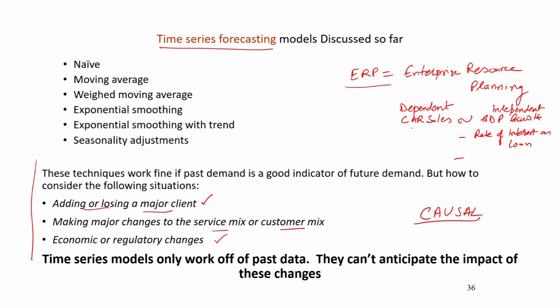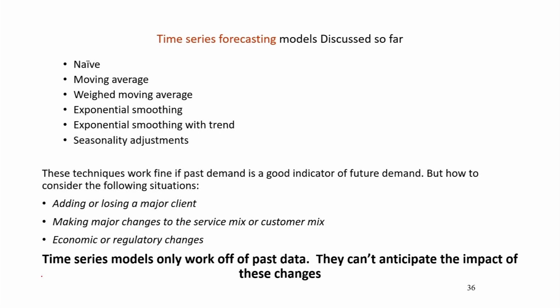You are using the time series in a normal manner, but you are finding there is some drastic change that has happened, just like in the COVID period, just like in other scenarios, then we have to consider them with the help of a causal model. Let me give you a small concept here, which is very important, we must understand. It is called VUCA.